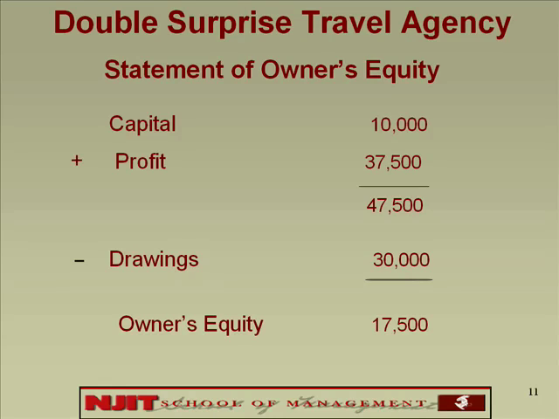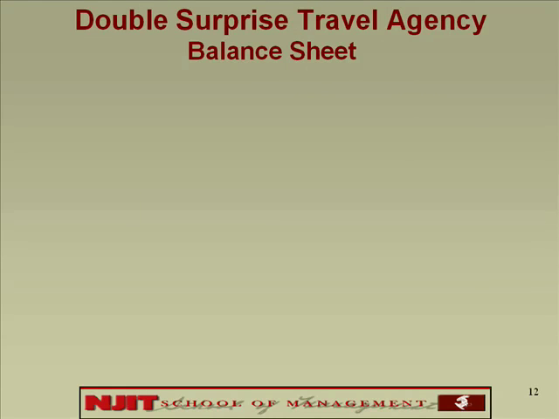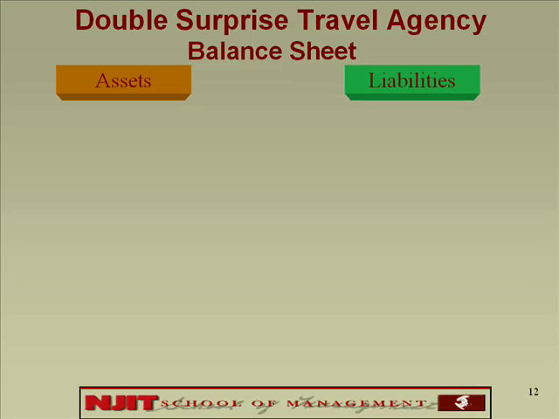Now let's do the balance sheet. The balance sheet has assets, it has liabilities, and owner's equity.